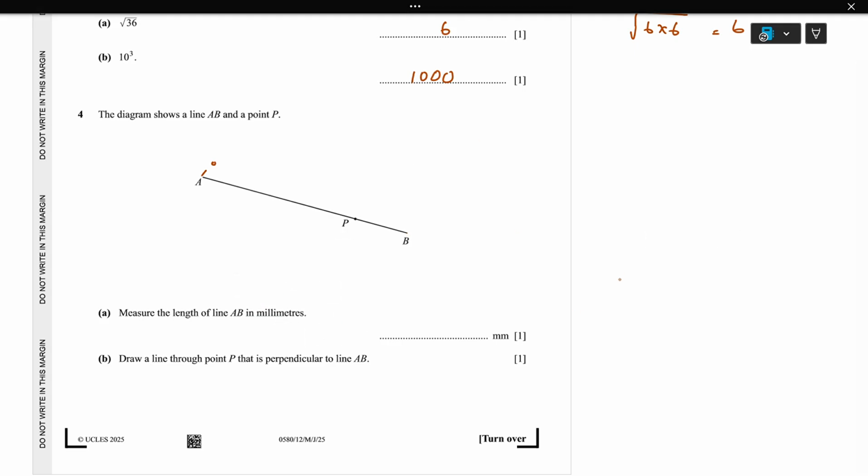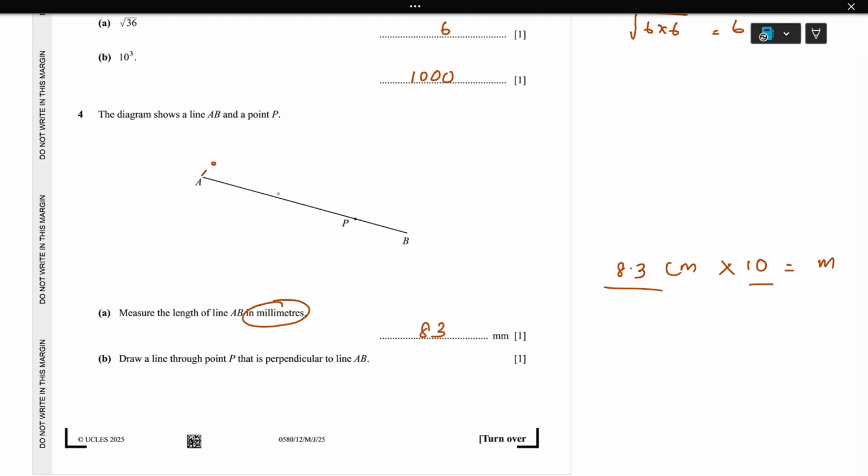You will get around 8.3 centimeters. So now we have to change into millimeters. We multiply by 10, so 8.3 multiplied by 10 is going to be 83. So 83 millimeters.